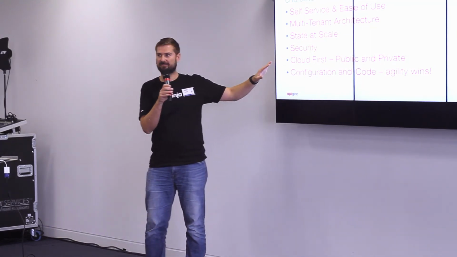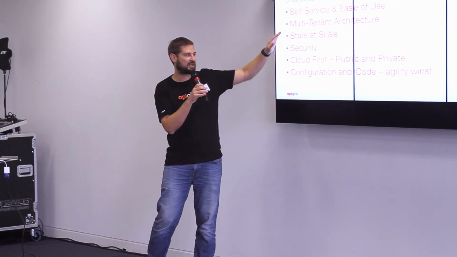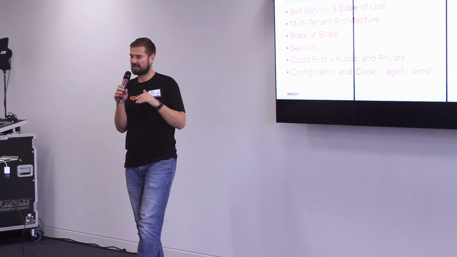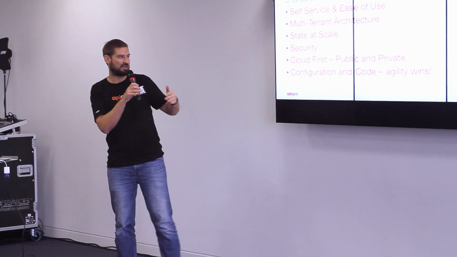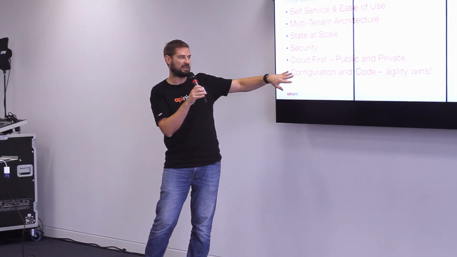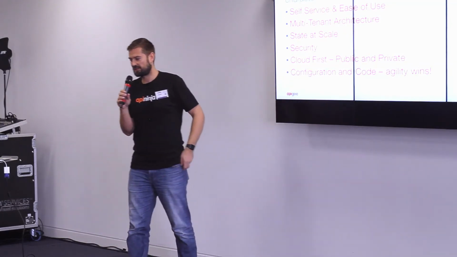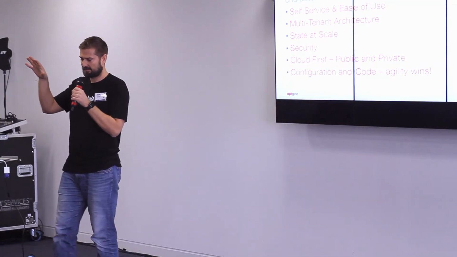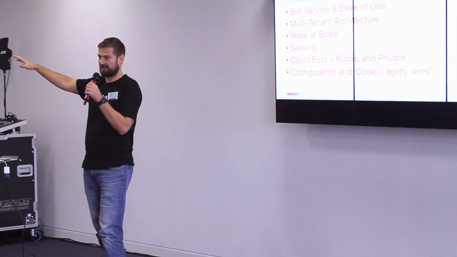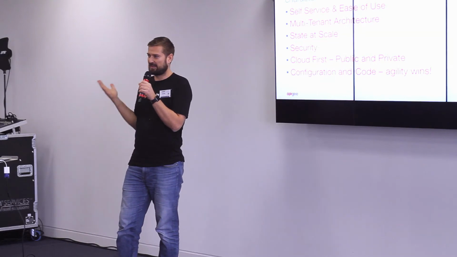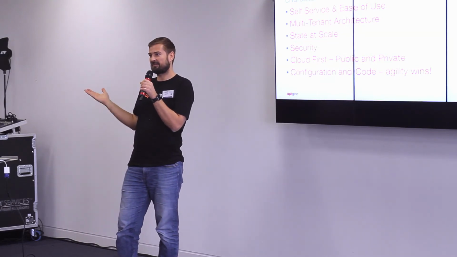Think like a cloud provider. This also goes back to multi-tenant. Whether you're using a public cloud or a private cloud, think like a cloud provider internally. And this is a really interesting one that we go on a lot about: configuration and code. So if I can build something, drag and drop, and change 2 variables, that's configuration, right? For 80% of my use cases, I should be able to do that.